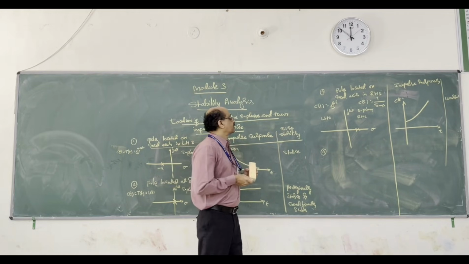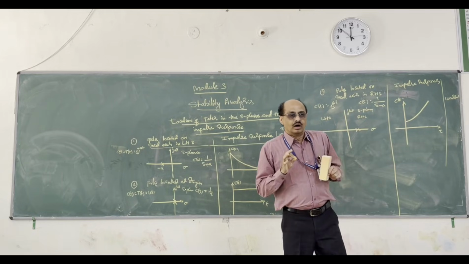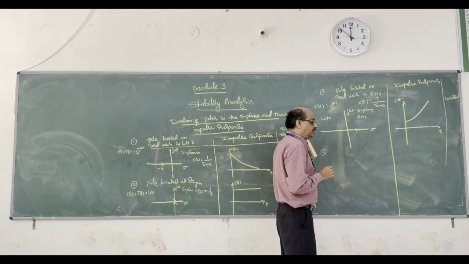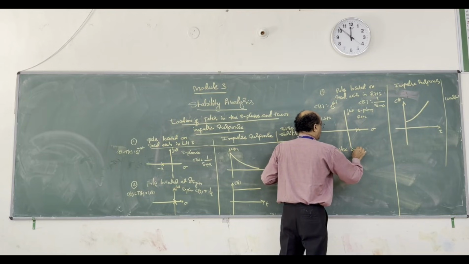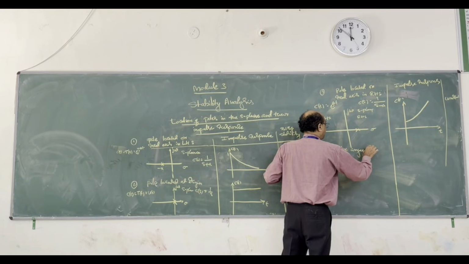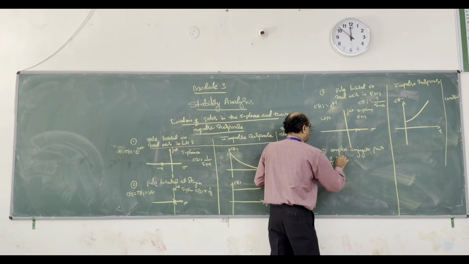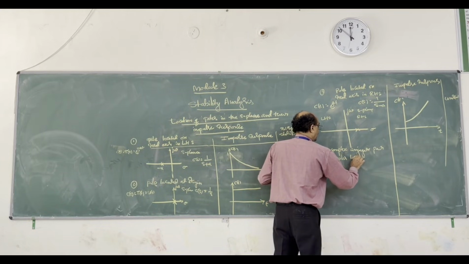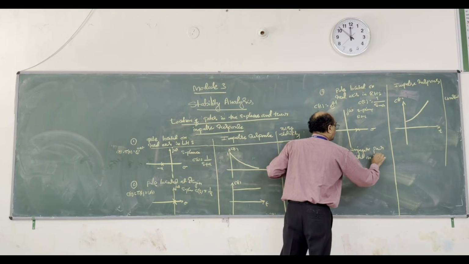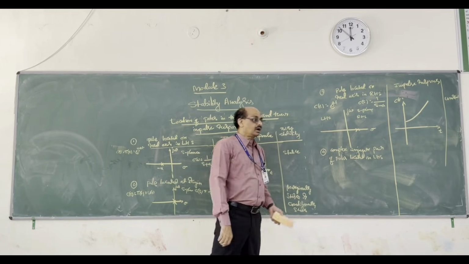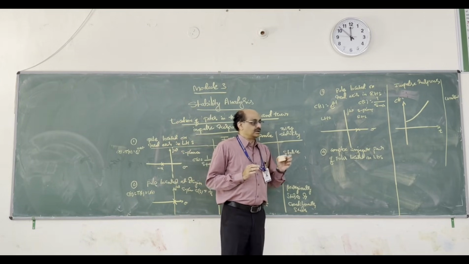Go to the fourth one. I have a complex conjugate pair of poles located in the left half of s plane.